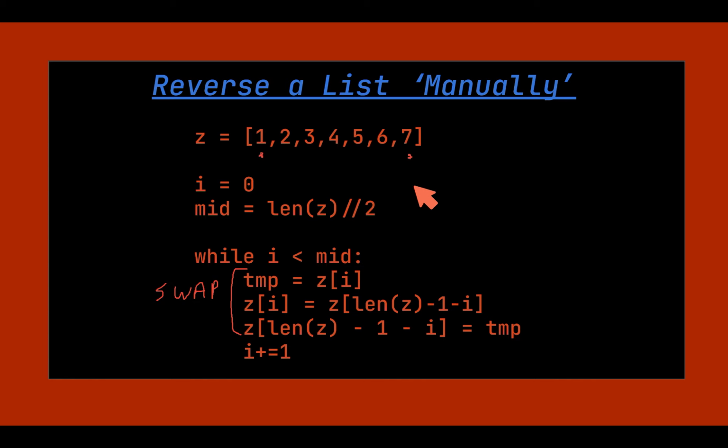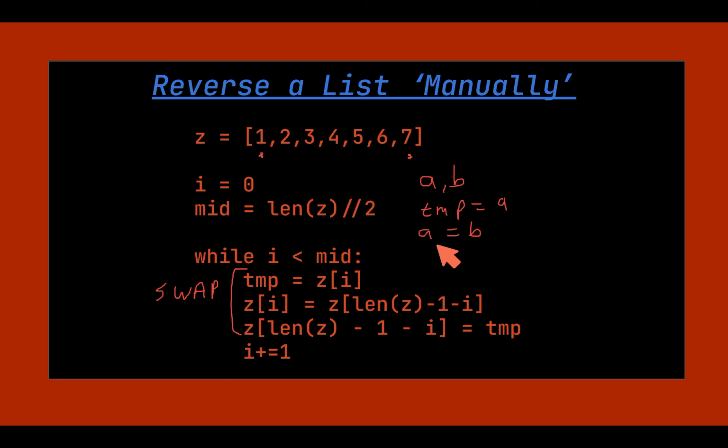It works like this: let's say you have variables A and B, and you want to swap them. What you'll do is make a temp variable equal to A, then you'll make A equal to B. So at this point, they have the same value.